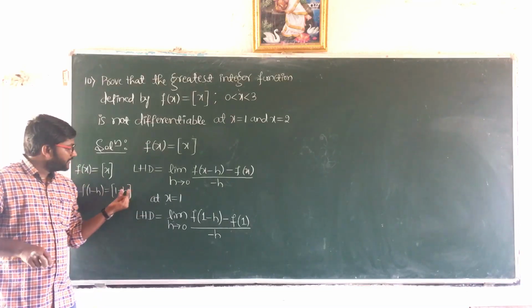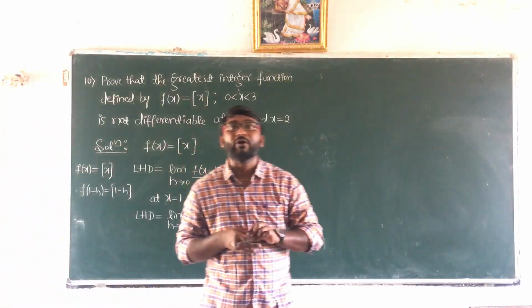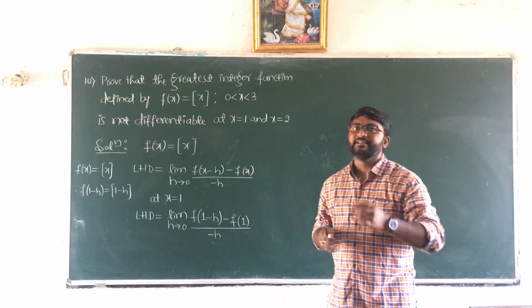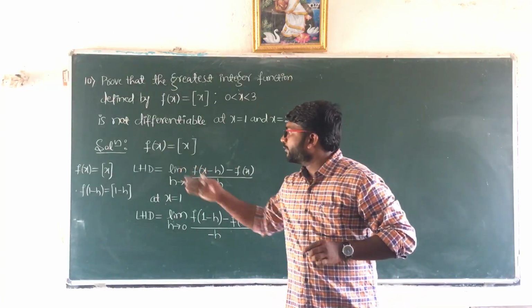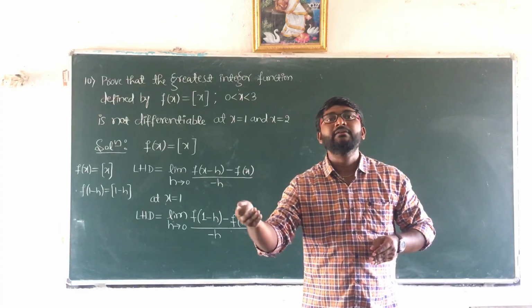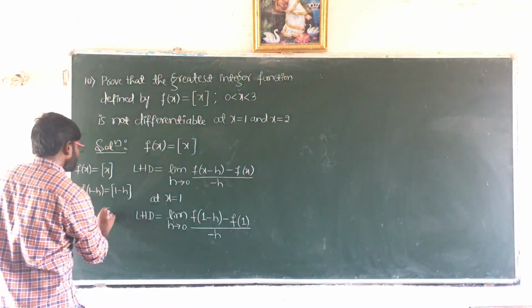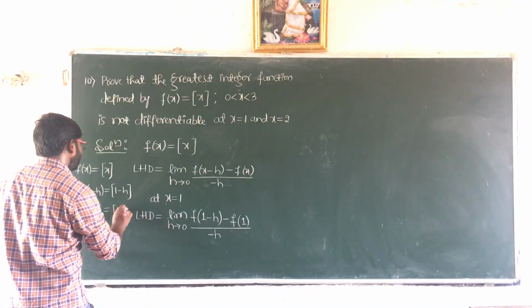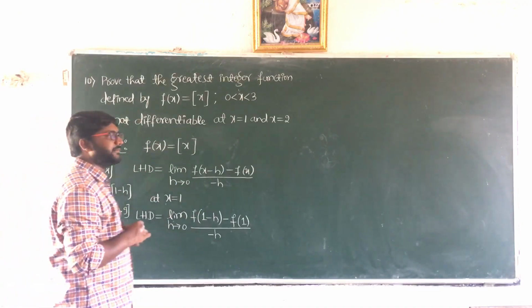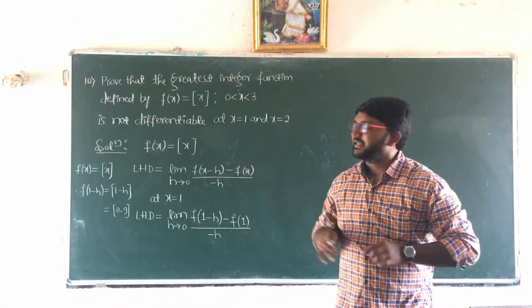Now this number 1 minus h is always less than 1. For example, if you consider h as 0.1, what is 1 minus h value now? 1 minus 0.1 will give us 0.9. So what is greatest integer 0.9 now? Greatest integer meaning is it is always the rounding off to the lesser integer.